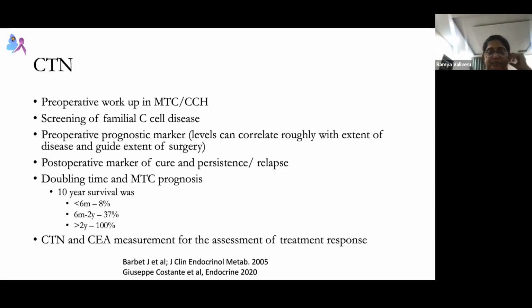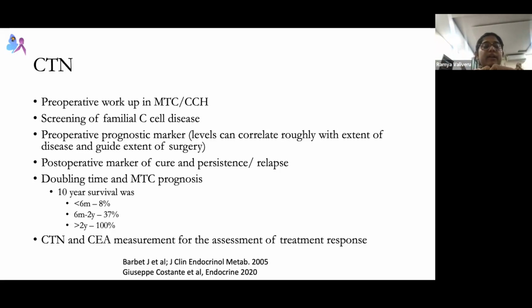So calcitonin, what are the uses? One is preoperative workup of suspected MTC or C-cell hyperplasia and screening for familial C-cell disease. Of course, genetic testing is better to diagnose whether the offspring is affected in familial disease. It is a preoperative prognostic marker because levels roughly correlate with the extent of disease and can guide the extent of surgery.